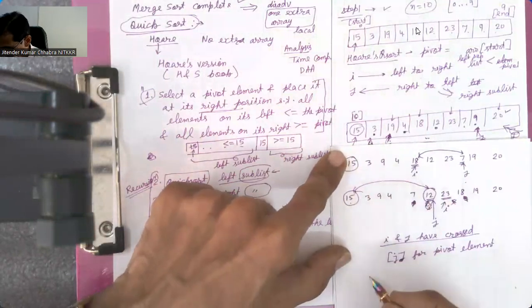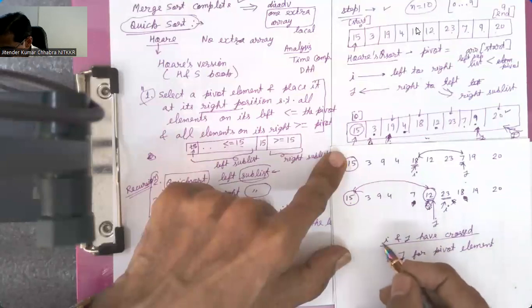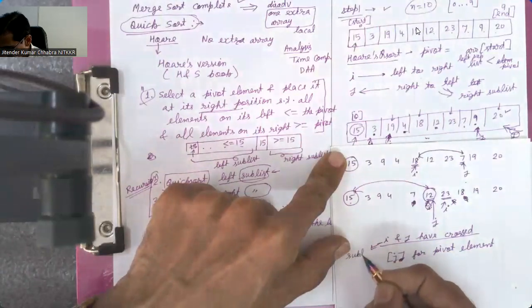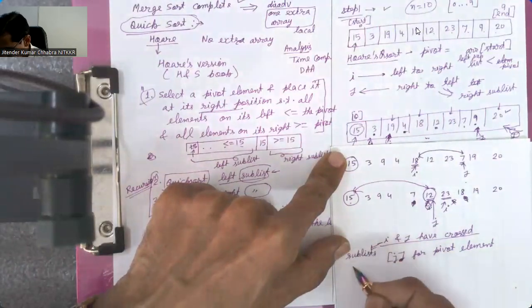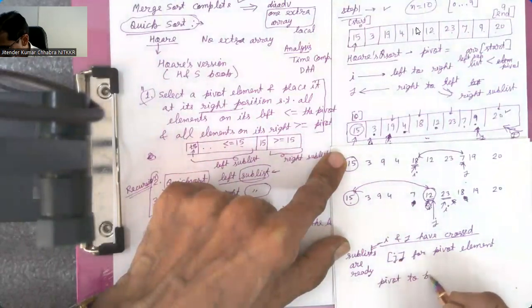So if I and J have crossed, my sublists are almost ready. And once sublists are ready, then my pivot can be placed at its right position.